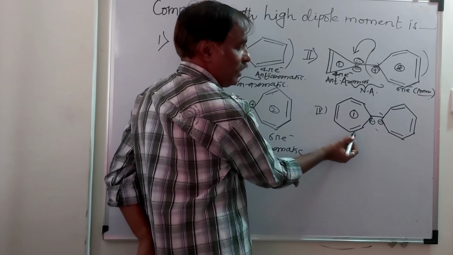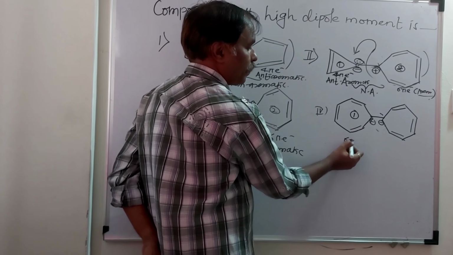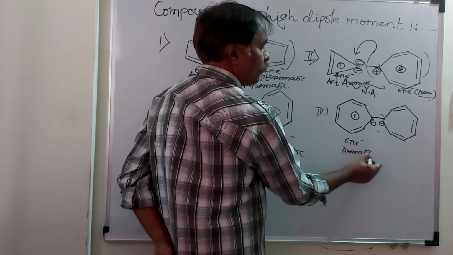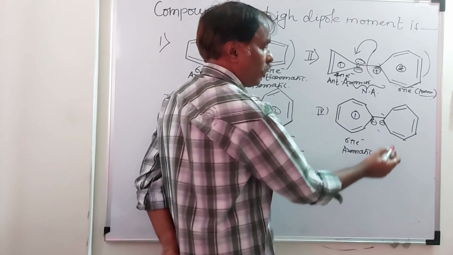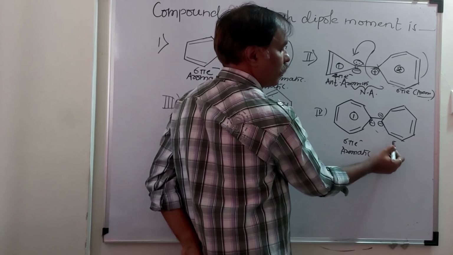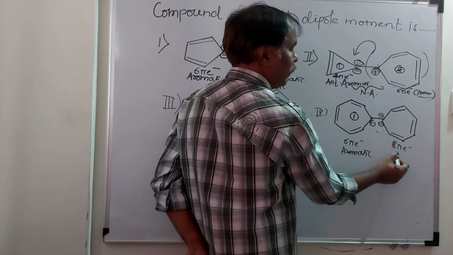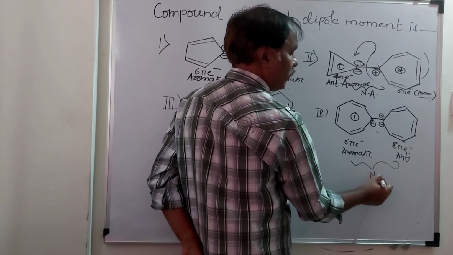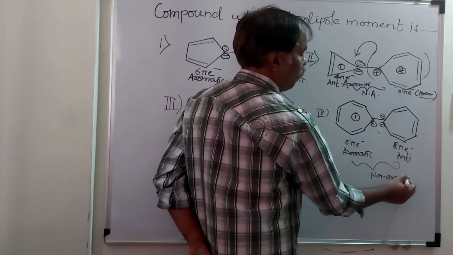How many pi electrons are there? 6. And ring number 1 is aromatic. Take ring number 2. Total number of pi electrons: 2, 4, 2, 6, and these 2, that is 8 pi electrons, and it is anti-aromatic. And the overall compound is non-aromatic.